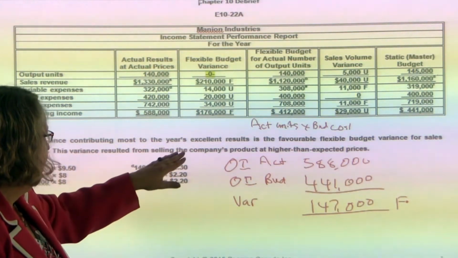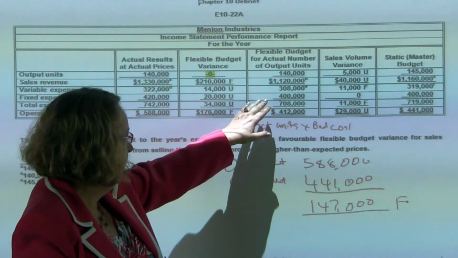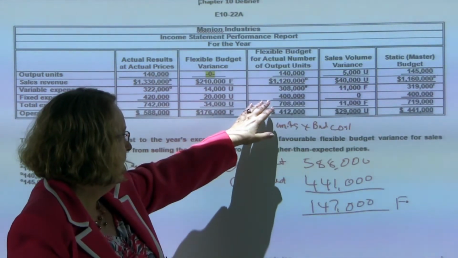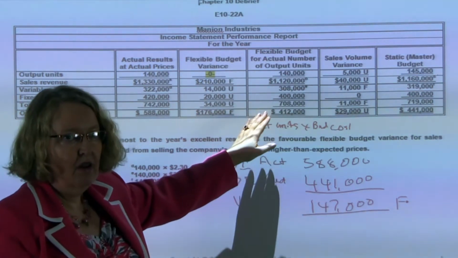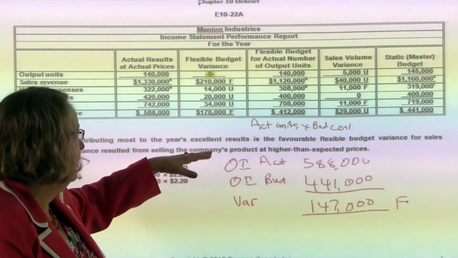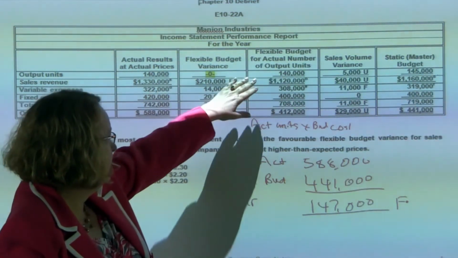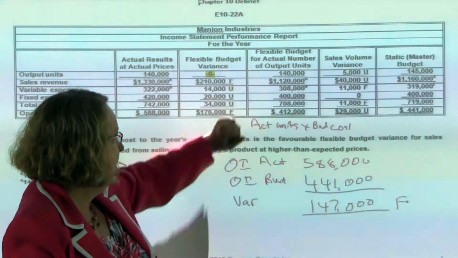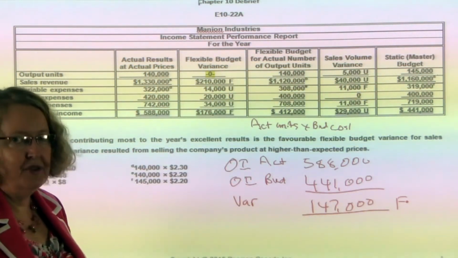Your budgeted fixed cost would be $400,000, and that's given to you in the problem. So the difference between your sales and your expenses is $412,000.